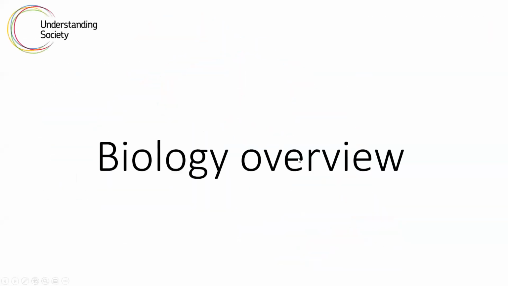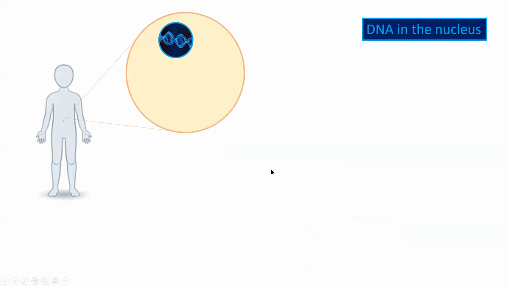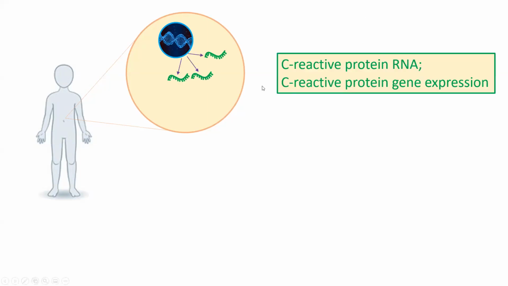Oh, sorry, I'm scrolling ahead by mistake. Okay, so how does DNA work? It can't just sit there in the cell coding for stuff, it has to actually get used. So here is a zoomed in picture of a cell with DNA in the nucleus.